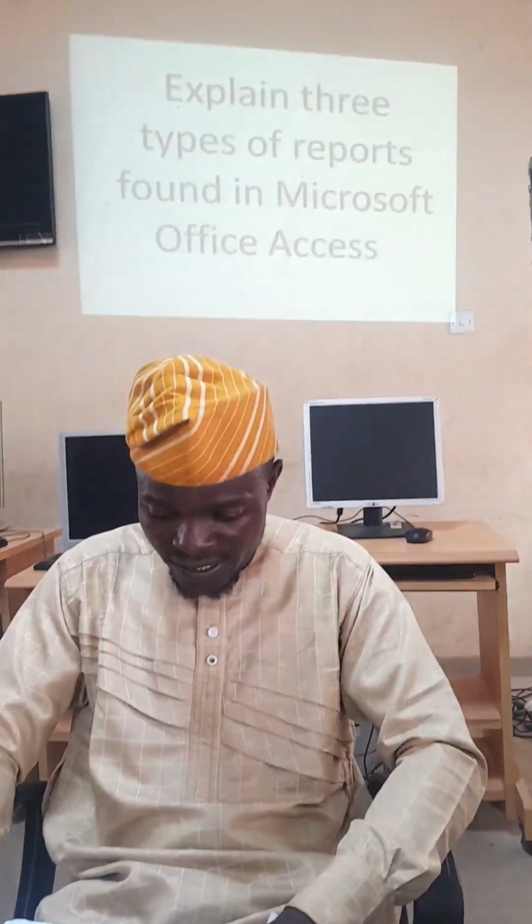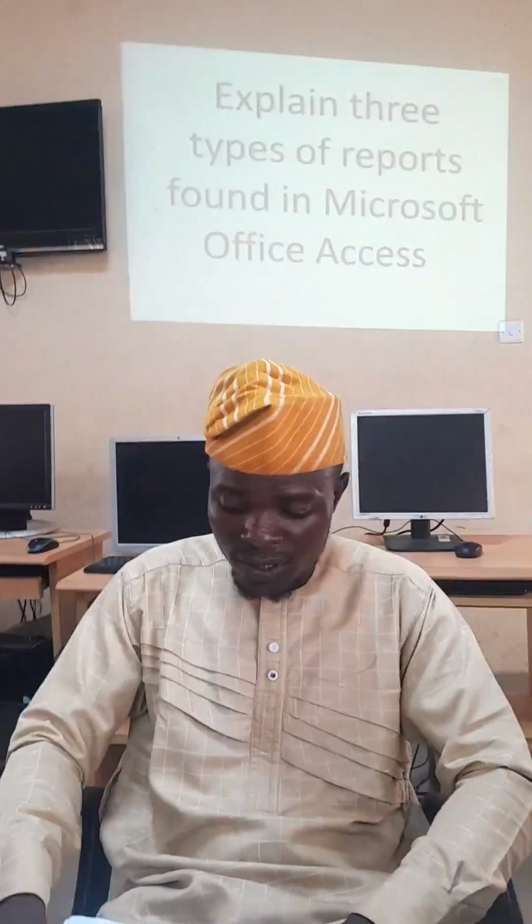Explain 3 types of reports found in Microsoft Access. This is to tell us that in Microsoft Access, there are 3 types of reports. We are expected to explain them one after the other. We have basic reports, grouped reports, and summary reports.